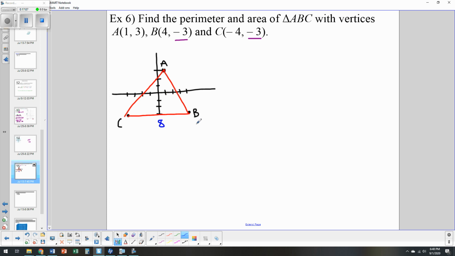But I don't know AC or AB, so I'm going to have to do the distance formula for both of those. So for AB, we're going to do 4 minus 1 squared plus -3 minus 3 squared.